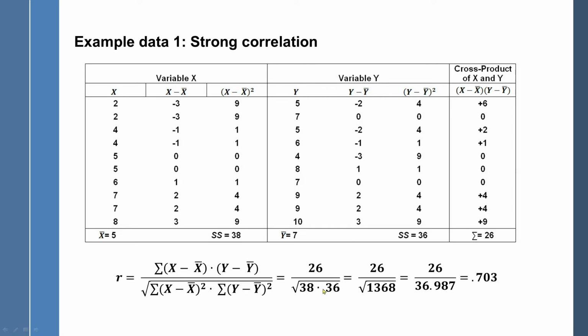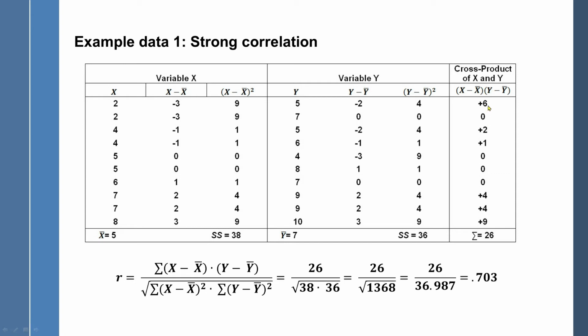So the signal is 26 and the noise is 36.987. If the signal is large, you'll see it represented here by a confluence of positive scores or negative scores. Of course, you can have a negative correlation, in which case you'd see it here.